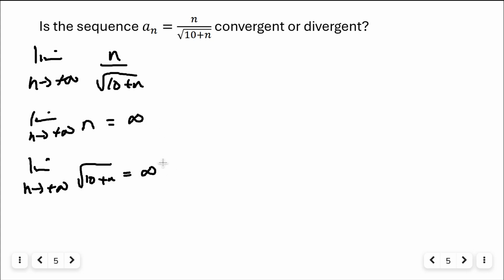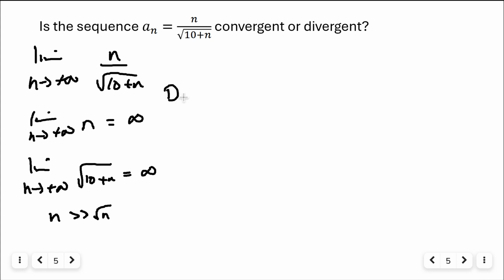This limit goes to infinity. Infinity over infinity is indeterminate. You could use L'Hopital's rule, or certainly try. The other thing you can do is compare these with relative rates of growth. So n would grow faster than the square root of n. So that would determine the limit.